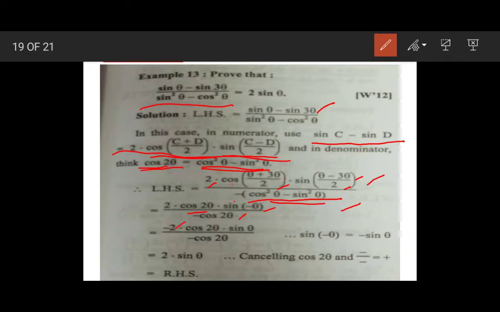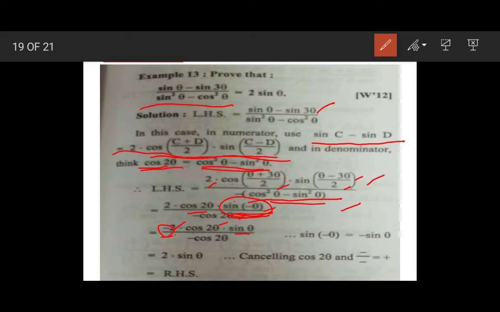From the negative angle formula, sin minus theta is minus sin theta, and the minus sign I am taking outside.